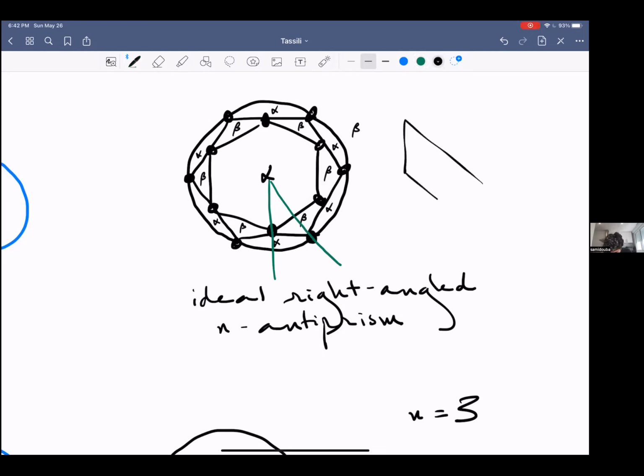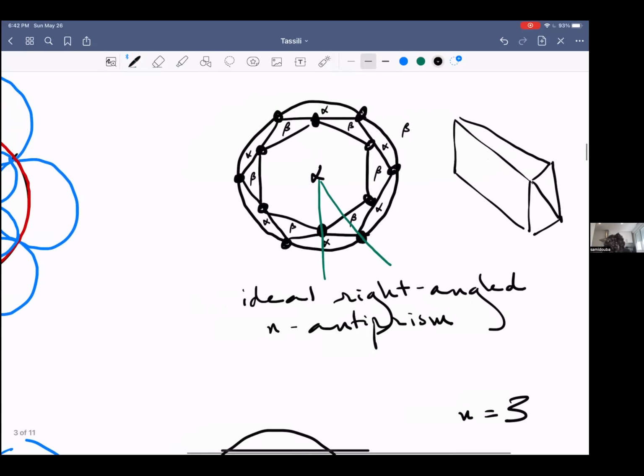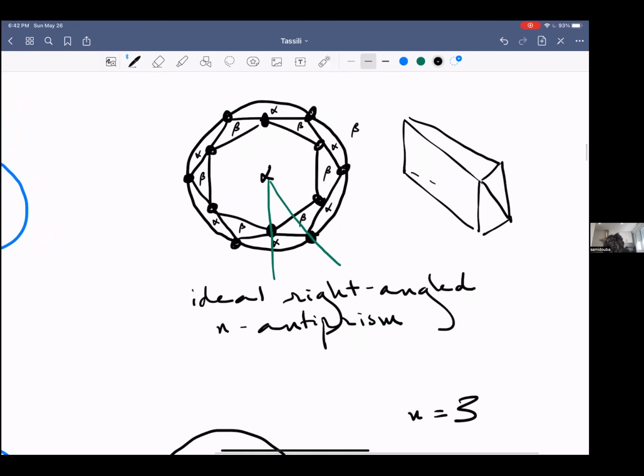Combinatorially, they look like this. All angles in this picture are right angles, except for this angle, which is an angle of pi over 2n.